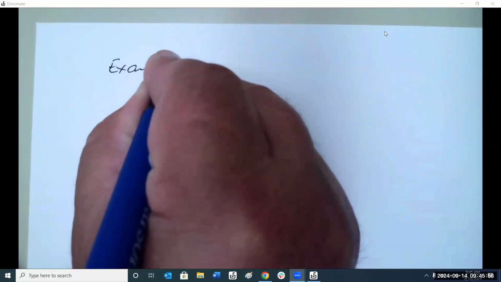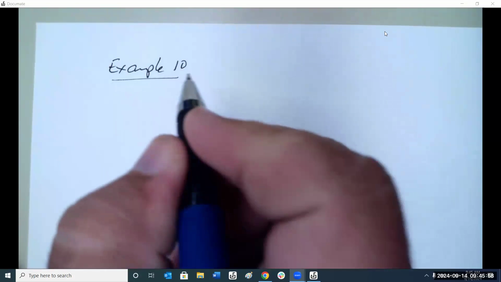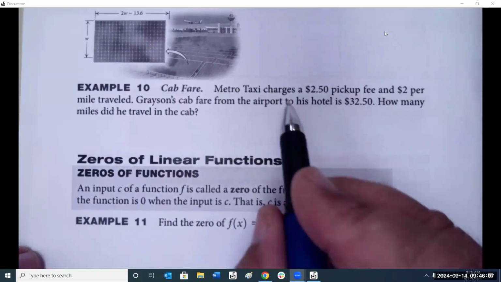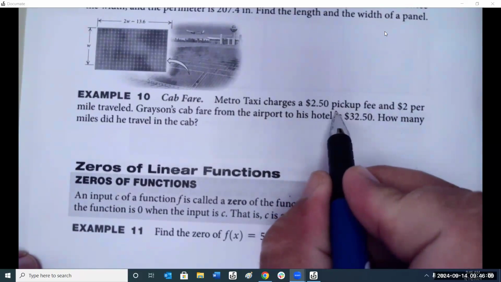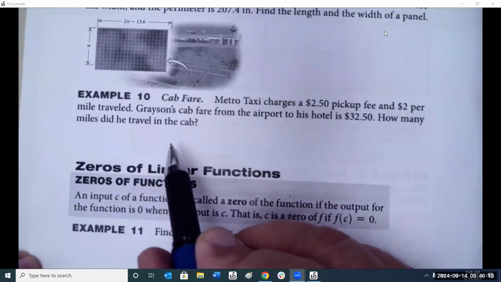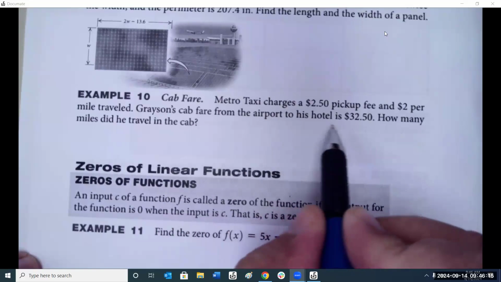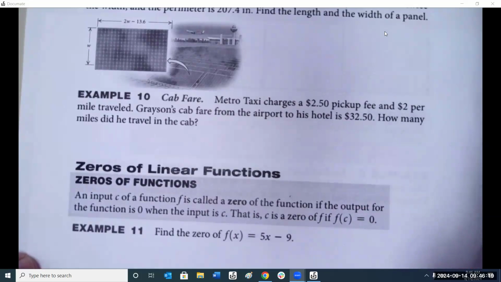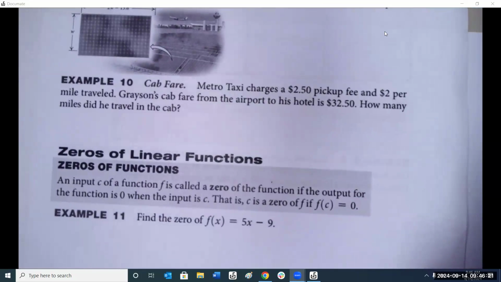Example 10. It says Metro taxi charges $2.50 per pickup fee and $2 per mile traveled. Grayson's cab fare from the airport to his hotel was $32.50. How many miles did he travel?